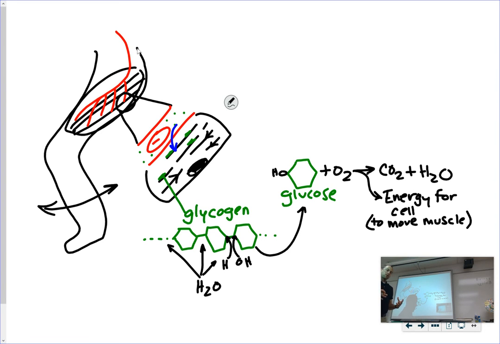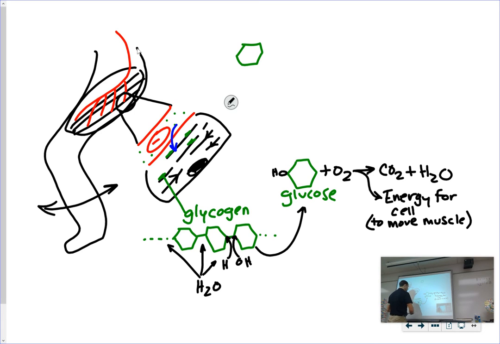So again, glycogen is going to be stored. So how does that glycogen actually get stored? Well, again, as the glucose gets absorbed, some of the glucose is going to be combined with other glucose molecules.